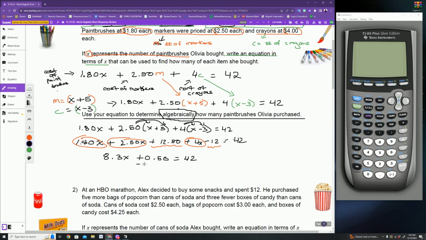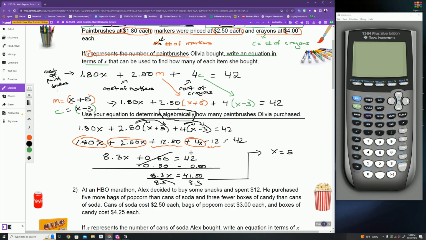Now we're going to do inverse operations, minus 0.50 to both sides. This will cancel out. You have 8.3x is equal to 41.50. And then you divide by 8.3 to both sides. X is equal to 5.